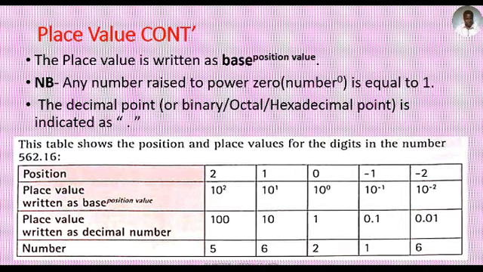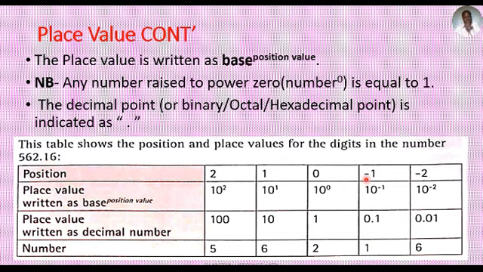Looking at the fractional part, let me just pick the pointer. Looking at the fractional part here, earlier on we said that the position starts from 1 going to the right and now reducing by 1.